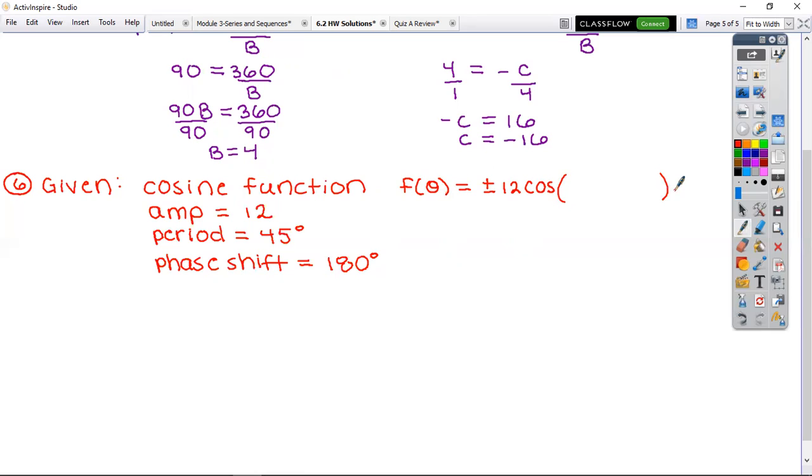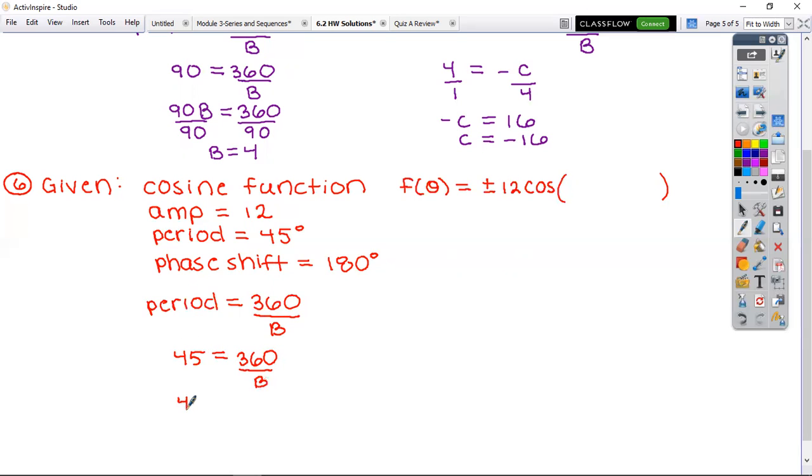So first, let's start with finding the frequency. I know that period is equal to 2 pi over frequency, but this time instead of 2 pi, you're going to go 360 over b. So we are going to go 45 is equal to 360 over b.